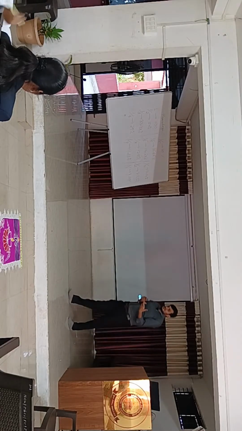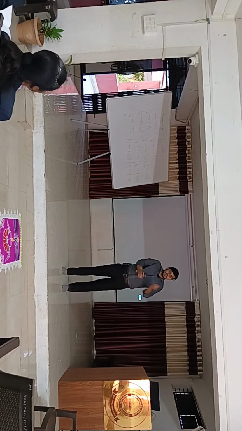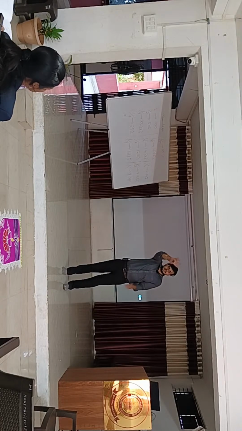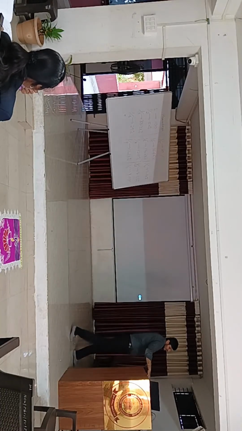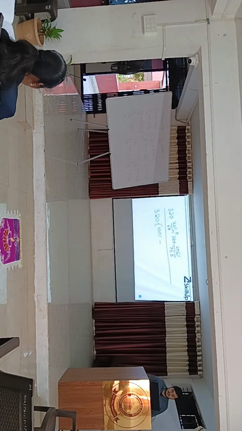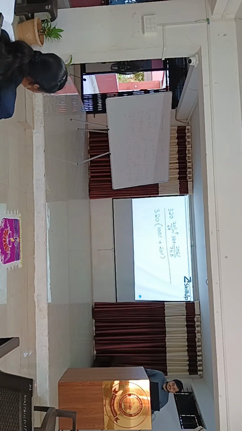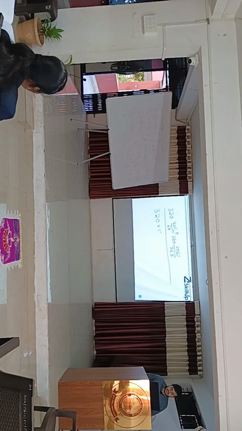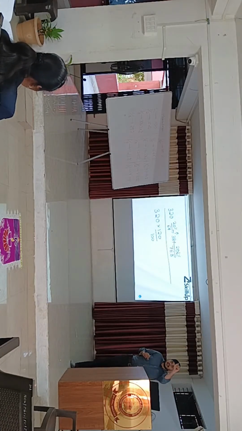Initial percentage 100%, and how much did I increase? 20%. So can I say this into 320? So 100% I had plus 20% I increased. 100 plus 20 is 120. That is into 120 divided by 100. So that is an addition over there.